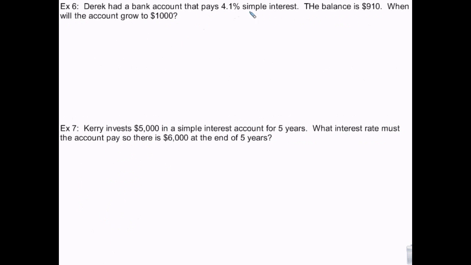We have our rate, we have our balance, so this is our initial principal, and we have our final balance. We want to know when it'll grow to, so we're looking for time. But we don't know interest yet either, but we can find it. We know that there's $910 in the bank, and we want to know how long it'll take to reach $1,000. So our interest in this case is going to be 1,000 minus 910, which is $90.